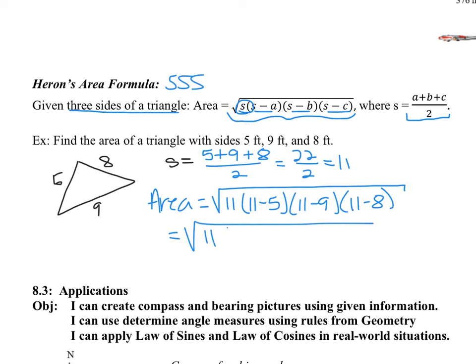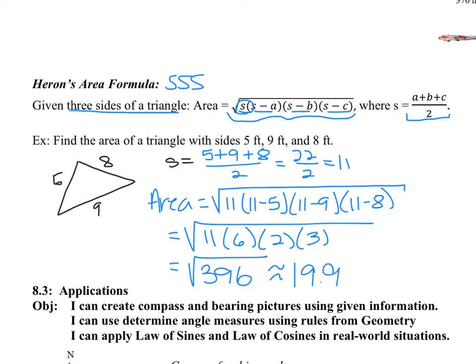So we have 11. 11 minus 5 is 6. 11 minus 9 is 2. And 11 minus 8 is 3. If we multiply all four of these together, 11 times 6 times 2 times 3 is the square root of 396. To the nearest tenth is approximately 19.9, and our label would be feet squared.